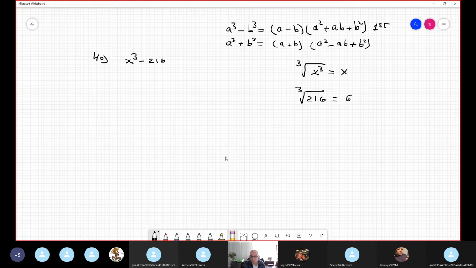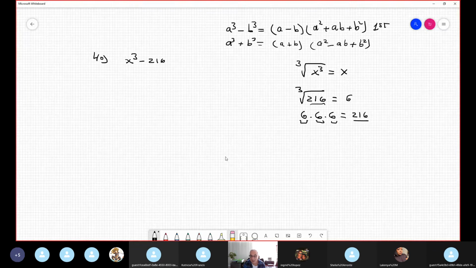Let me explain what is the reason. Because 6 times 6 times 6, if you multiply in your calculator, 6 times 6 is 36, times 6 again is 216. So the idea behind the cubic root, or any higher root, is this 3 indicates how many times you need to multiply one number, 3 times, in order to get the number inside the radical.